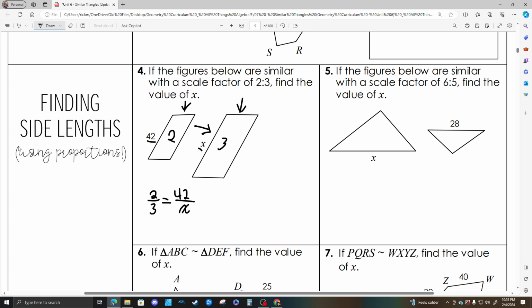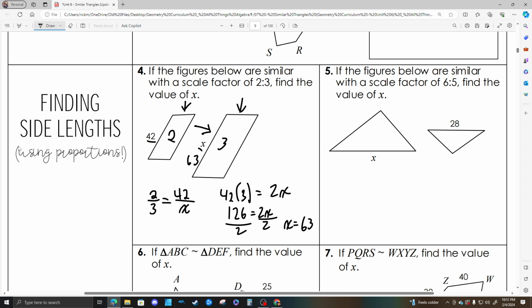So we can set this up like a proportion like this, and now we have 42 times 3 equals 2x, right? So we have 126 equals 2x. So we divide by 2, and we know that that side, or in other words x, equals 63. So this side has to be 63.